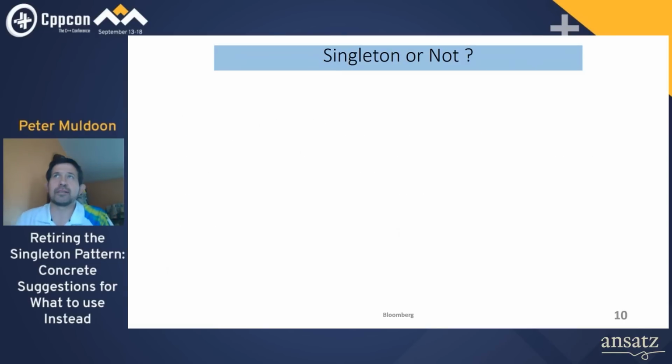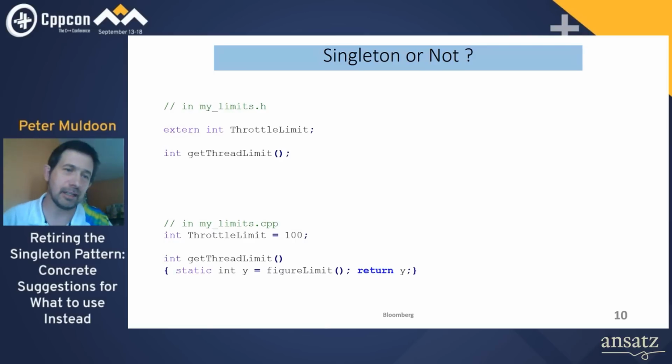So now I have a quiz, and my volunteer partner is going to put a question in Q&A, and I'm going to ask you, are various things singletons or not? So first I'm going to show you I have a limits file, and in that header file I have this external int that's a throttle limit.